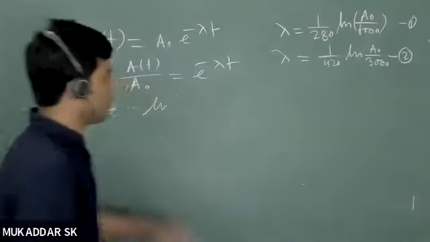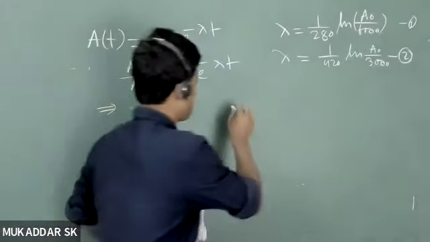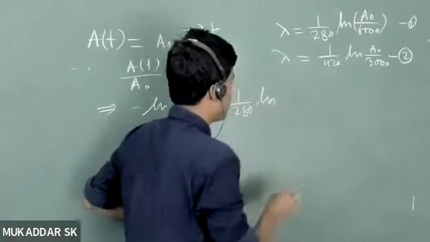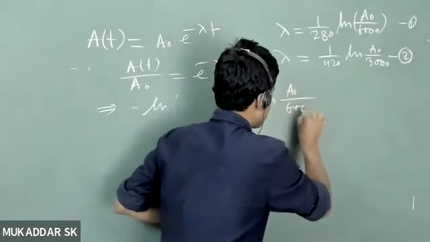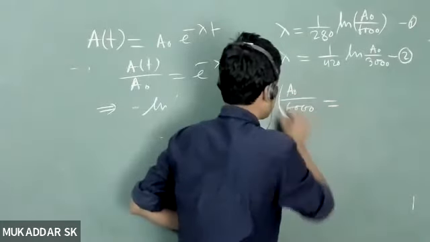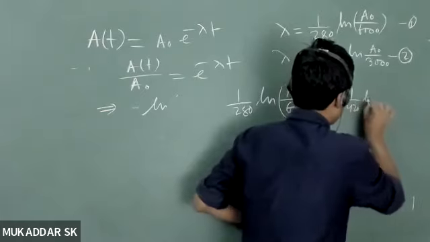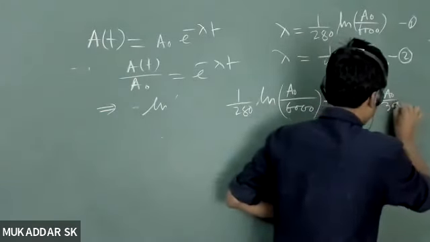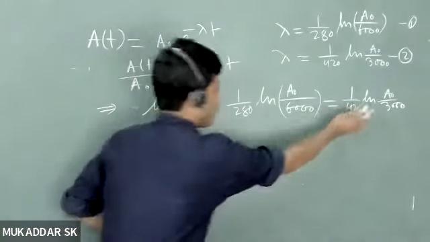So now I can compare these two equations. I can write 1 by 280 into natural log A naught by 6,000, and that will be equal to 1 by 420 times ln A naught by 3,000. I can bring that 420 to this side.